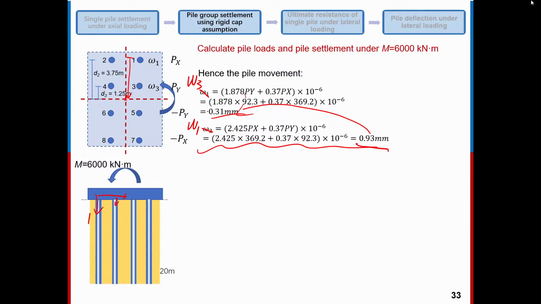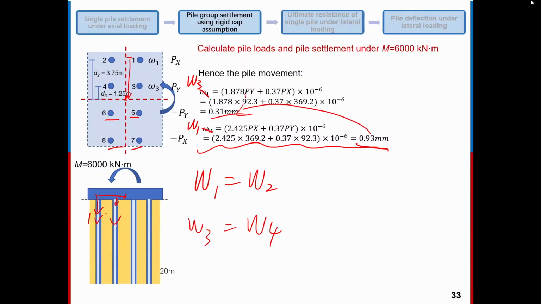We only calculate omega 1 and omega 3 because they are symmetrical. Omega 1 is equal to omega 2, and omega 3 is equal to omega 4. For 5, 6, 7, 8, the values are the same; the only difference is the direction.